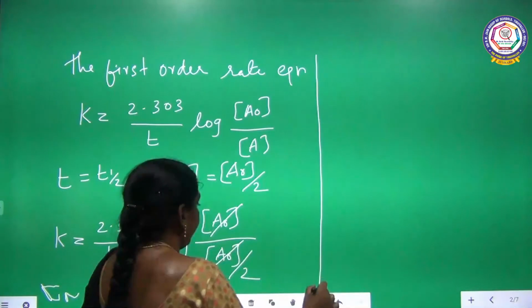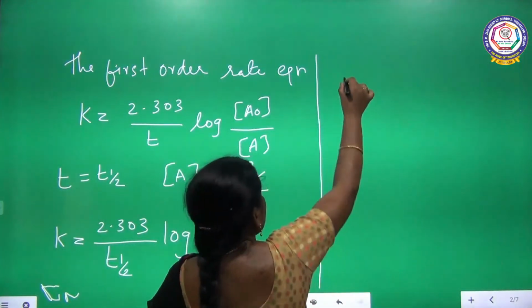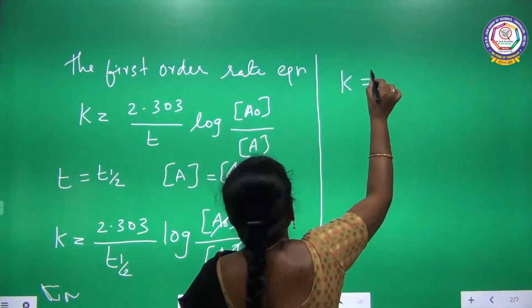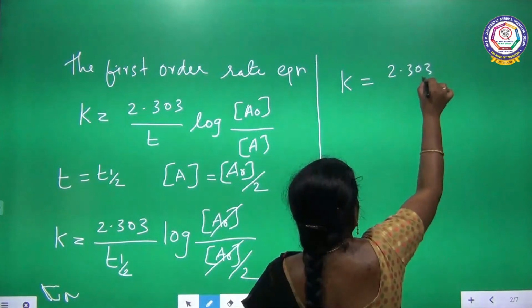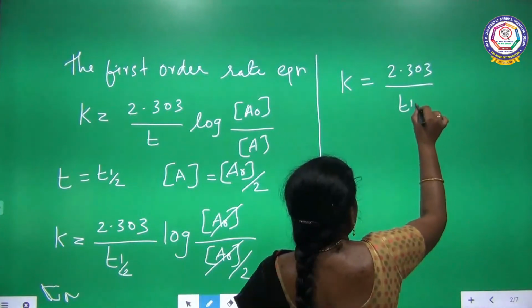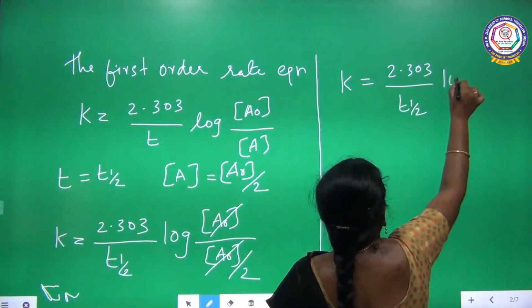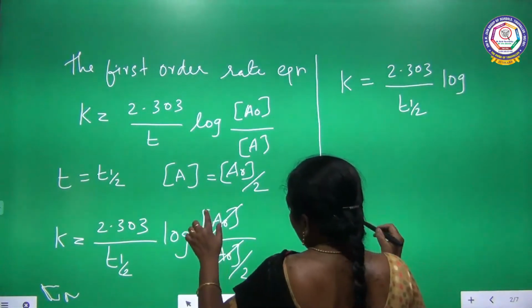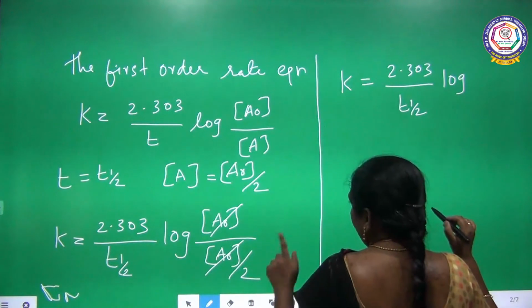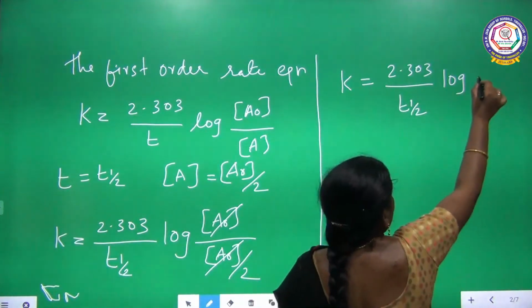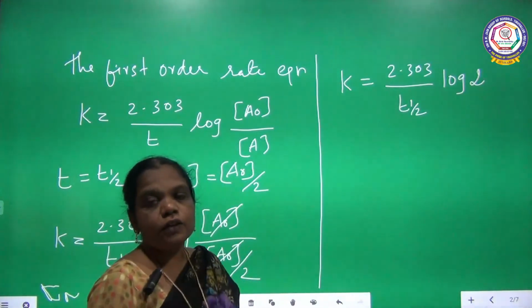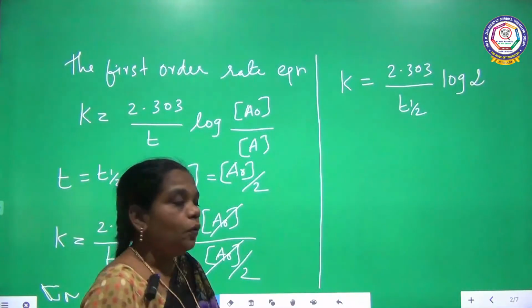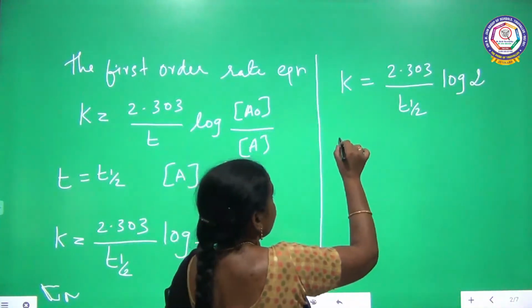You are going to get k equals 2.303 divided by t half, log 2. You know that the value of log 2 is 0.3010.